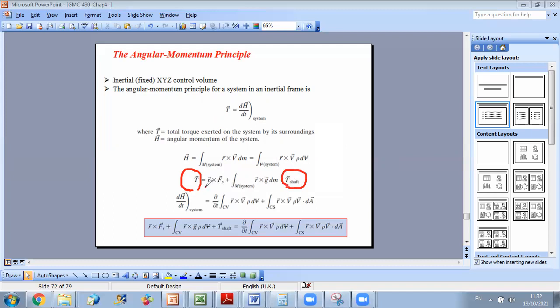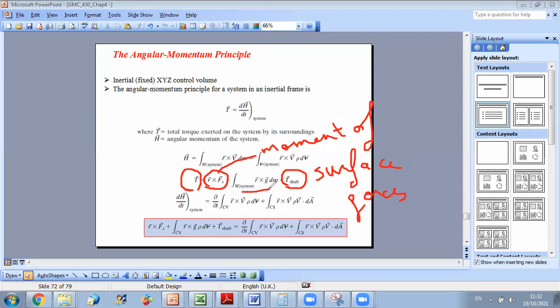We split our forces into surface forces and body forces. So this is the moment of surface forces, and this is the moment of body forces.